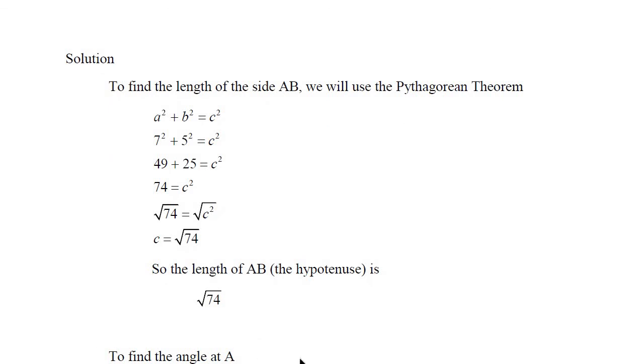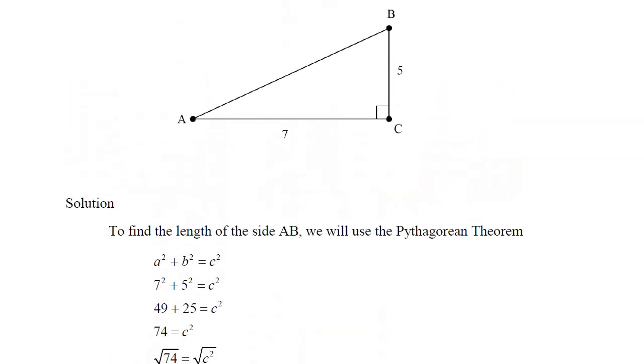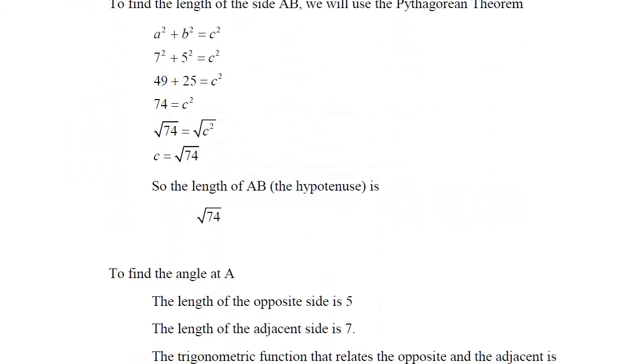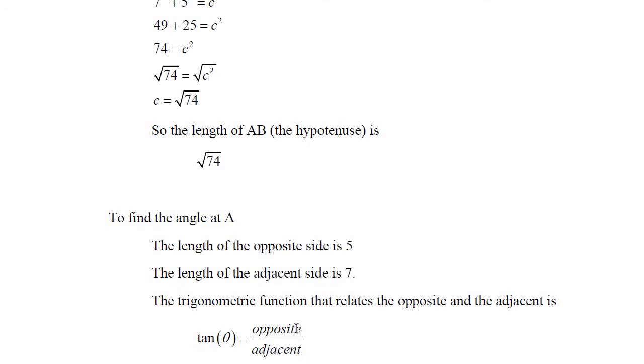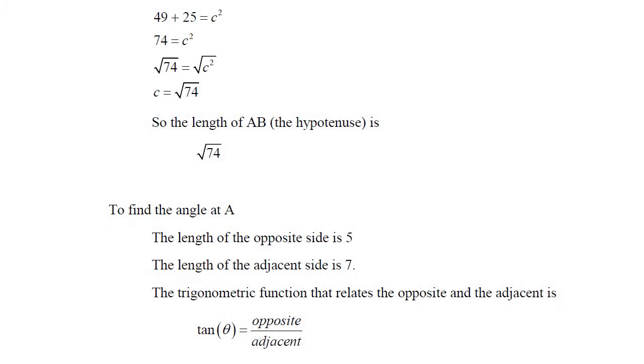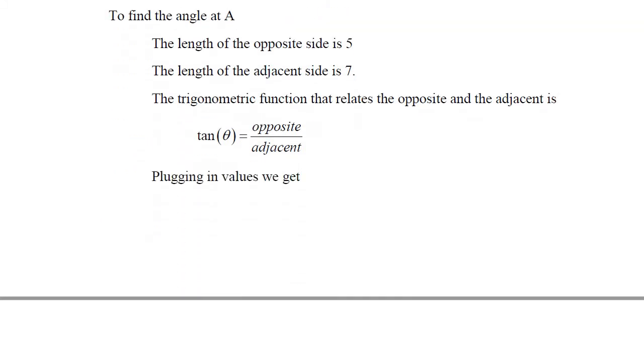Now let's find angle A. So to find angle A, well, we saw that we have the opposite and the adjacent. 5 is the opposite, 7 is the adjacent. So the trig function that deals with the opposite side and the adjacent side, that happens to be tangent. So tangent is the opposite over the adjacent. If I plug these numbers in, 5 is the opposite, 7 is the adjacent.